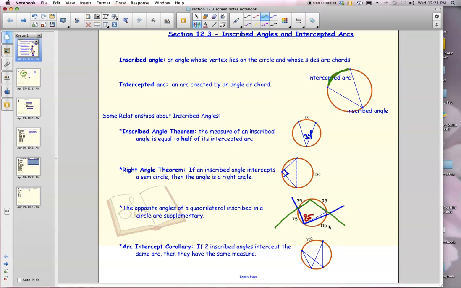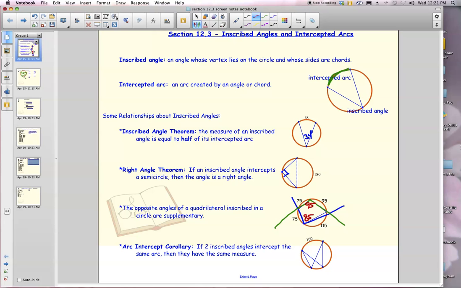So it intercepts the 75 and the 115, which gives us 190. And then when you divide that by 2, you get that this angle is 95. So now together, the two of them take up the entire circle, which is 360 degrees. And since they're both half of that, they would have to add up to 180. That's why they are supplementary.